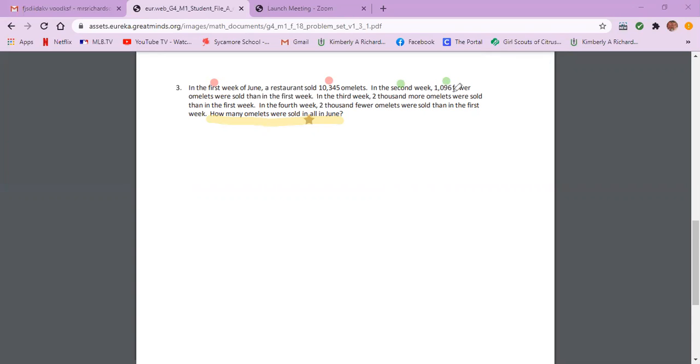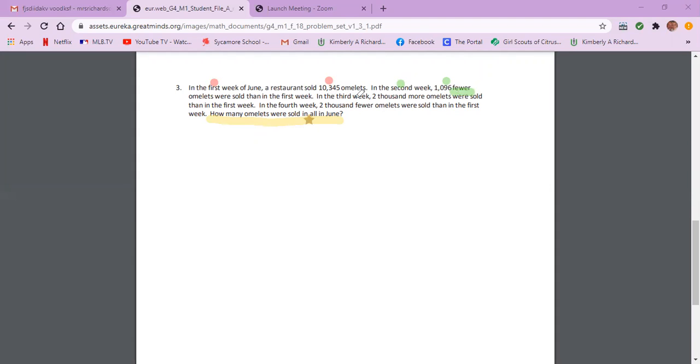So fewer is going to be a very important word. Fewer omelets were sold than in the first week. So we're comparing the second week to the first week, and we know they sold 1,096 fewer omelets. So we're going to be thinking about that in a little bit.